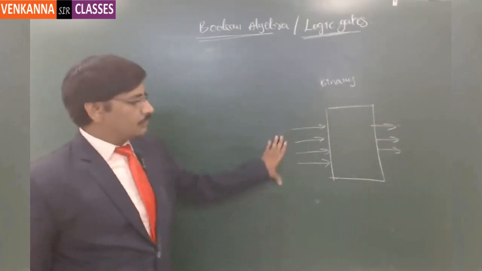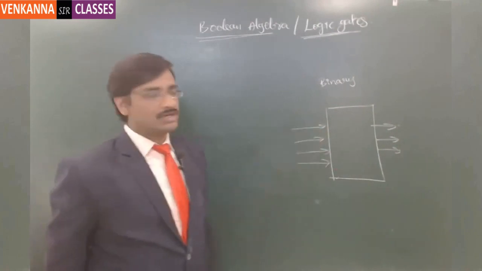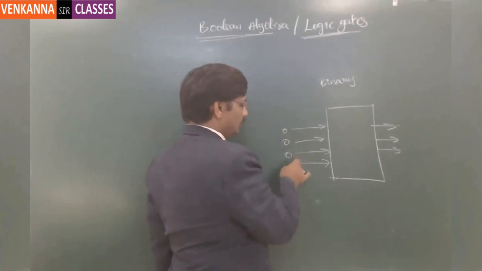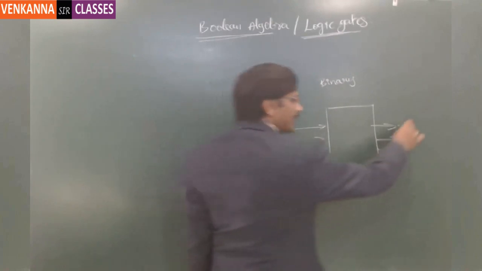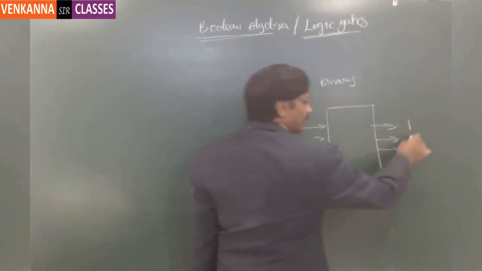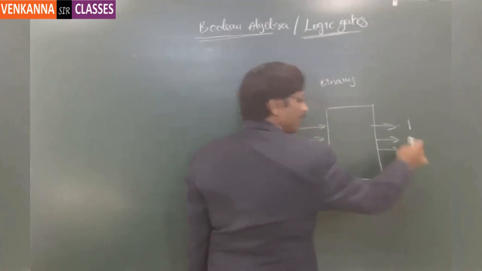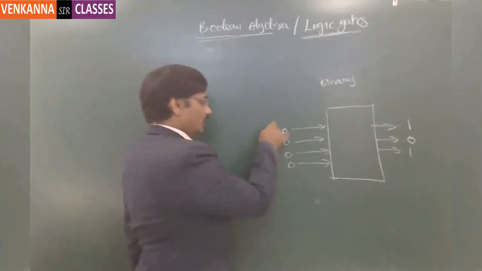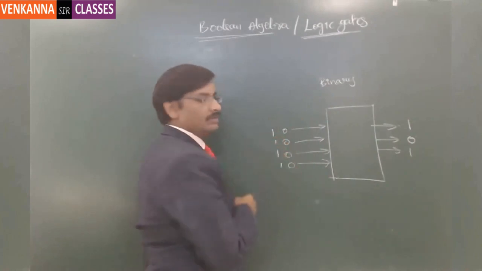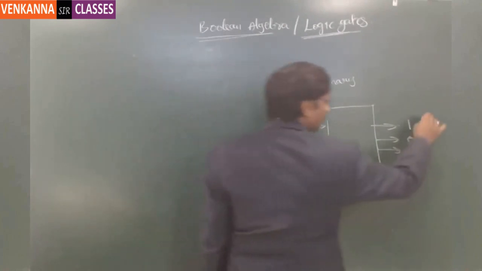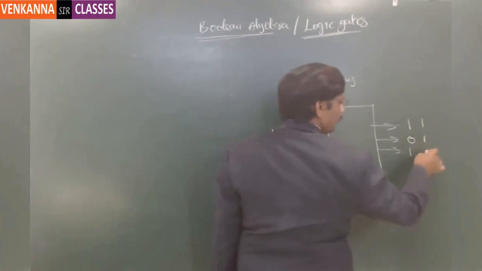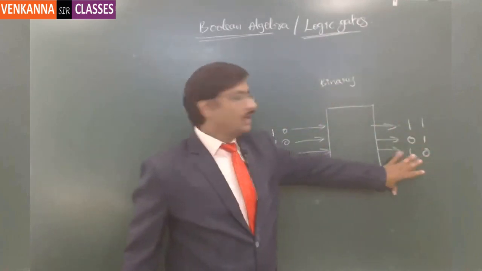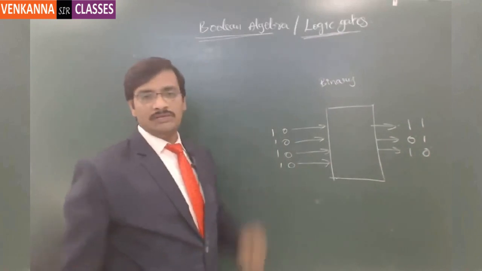With these inputs you have defined the functionality, such that if I give 0 here and 0 here, then you might expect 1 here, 0 here and 1 here. If the inputs are 1, 1, 1, 1, you might expect 1 here and 0 here.